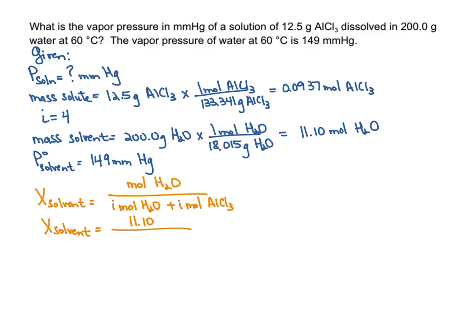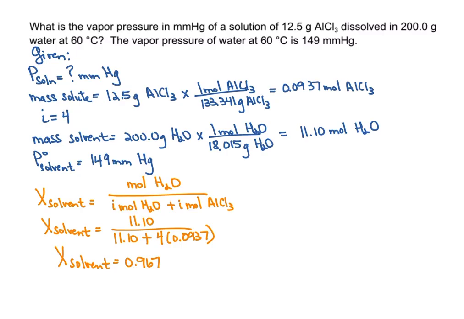Now, water is a non-electrolyte, so that means i for water is just 1. So 1 times that number of moles. Aluminum chloride is an electrolyte, and we said that the aluminum chloride i is 4, so it's going to be 4 times the moles of aluminum chloride. So my mole fraction for my solvent is 0.967.